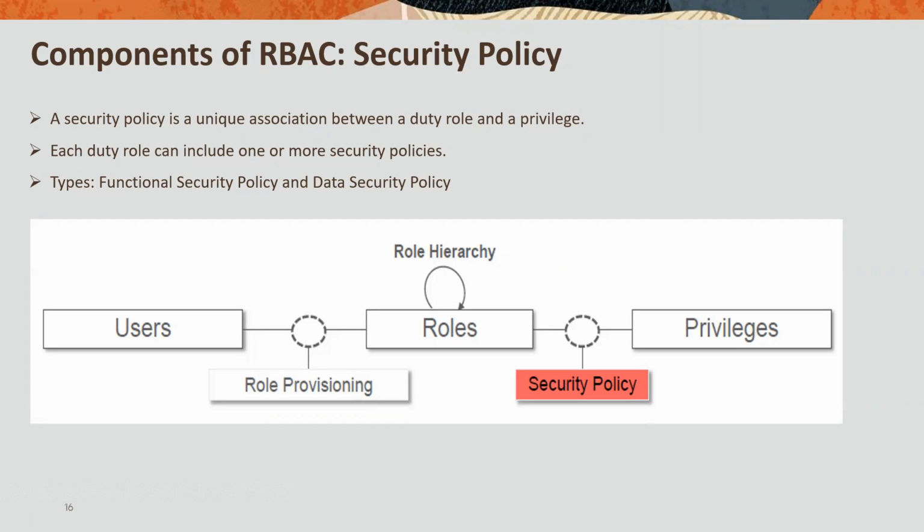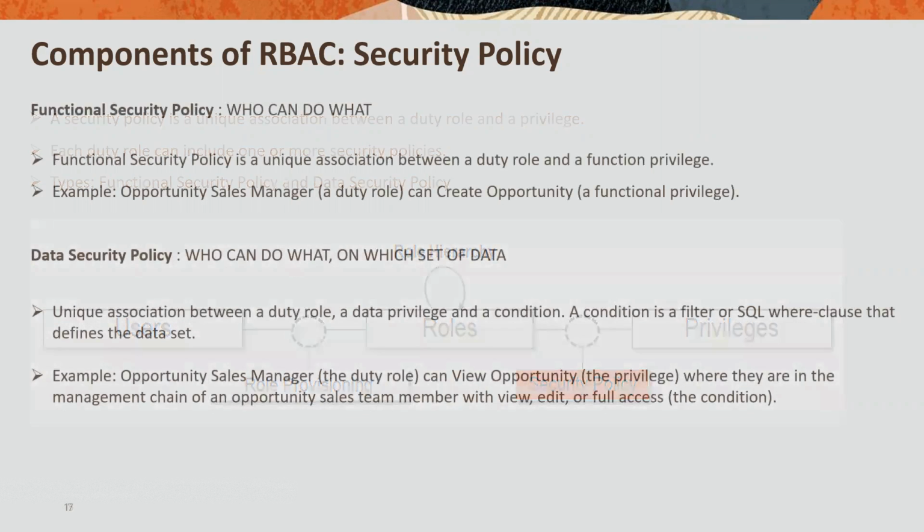So we can assign functional privileges and data security privileges, right? What does a functional security policy mean? It means who can do what. If you are a sales manager, what are the actions you can do?